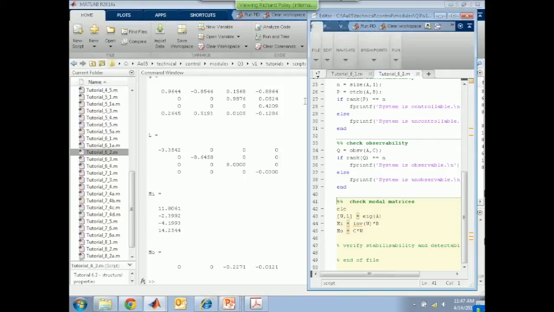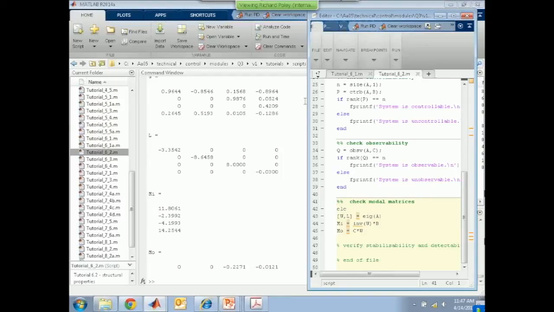Is this a detectable system? Why not? Right, so think about it. Detectability is observability but addressed only to the unstable modes, right? So we're not interested in the stable modes, just the unstable ones. Well, it's the third mode here which is unstable, so we will address detectability, observability, that one, and we need the third column of the CW matrix non-zero.